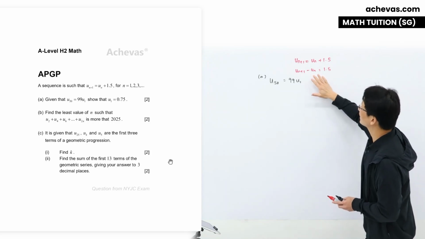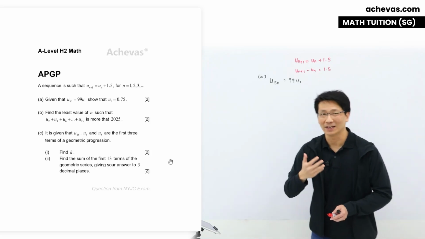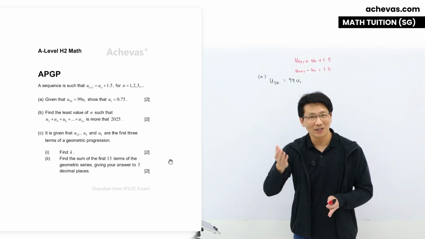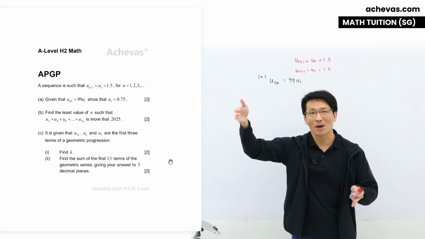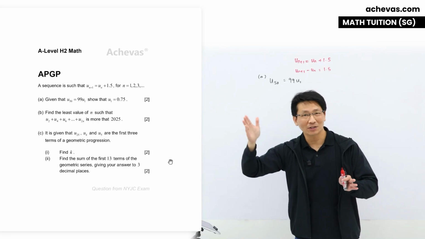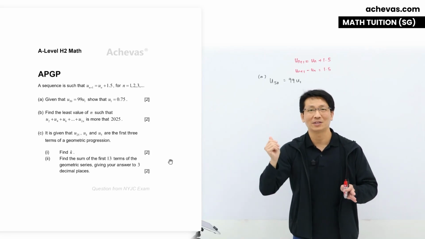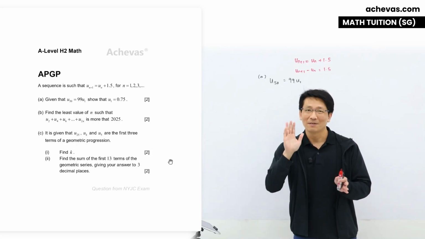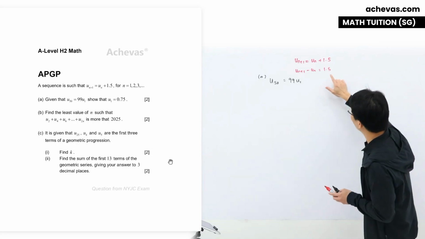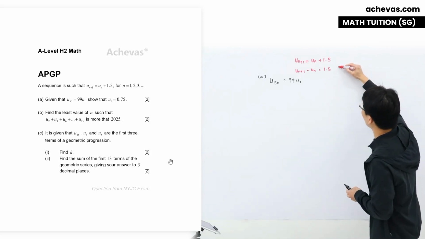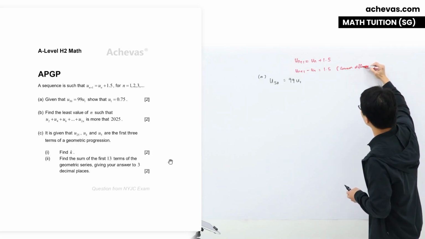In fact, this is how we show that it is an AP sequence, by using a general term somewhere along the sequence and subtracting its preceding term. Any general term minus its preceding term always giving a constant means that it is an AP sequence. And this 1.5 is the common difference.